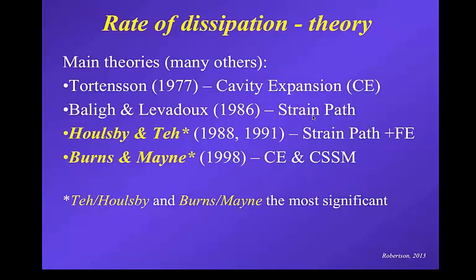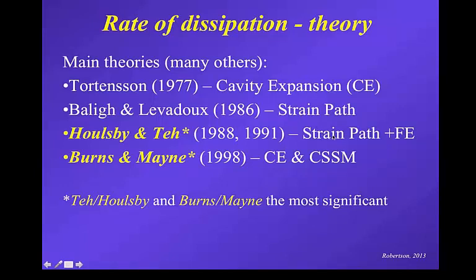Back in the early 60s, a number were put together, and then Torstensson in 77 probably did the first work, where he did a nice little piece of work using cavity expansion, both cylindrical and spherical, to try and mimic cone penetration, assuming just a simple elastic, perfectly plastic soil model to come up with some dissipation curves.